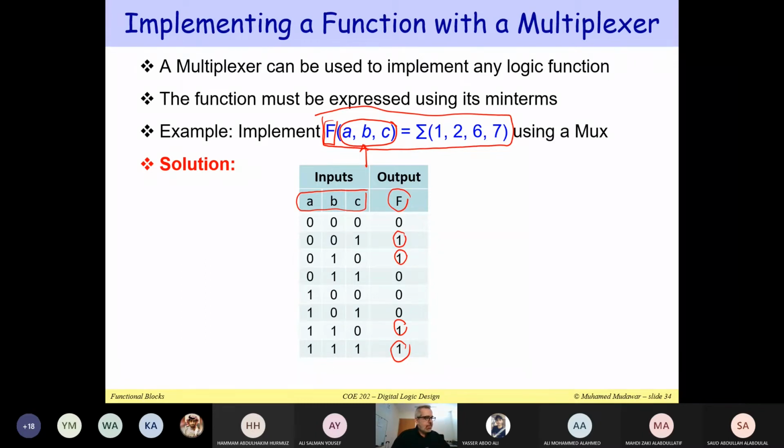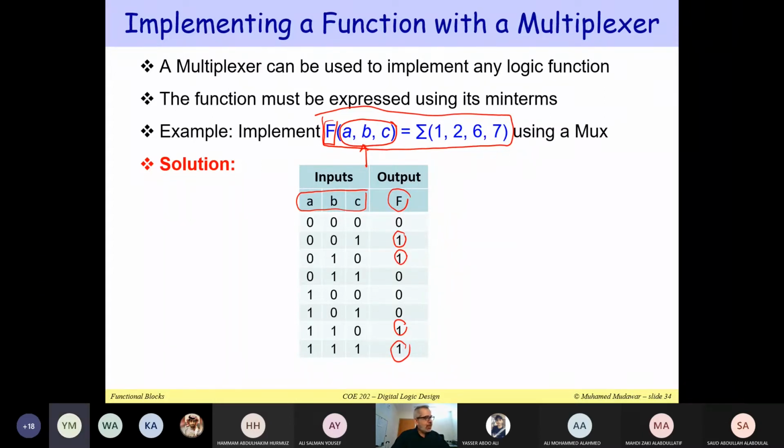Anyone? Saud, do you have an idea? Saud, are you present? I cannot hear anyone. How about Yasin? Do you have an idea about how to implement this function using a multiplexer?